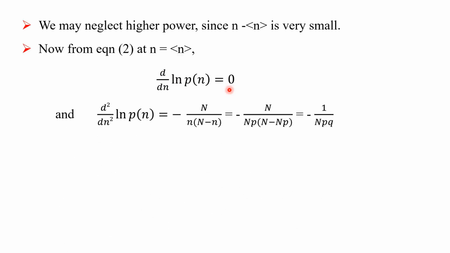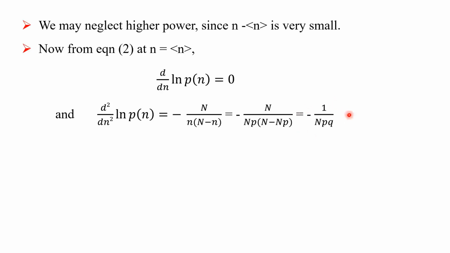The second derivative of ln Pn is equal to minus N upon n(N minus n), which is also written as N upon N p (N minus Np). Since n is equal to NP, this value is put here and it is equal to minus 1 by NPQ.